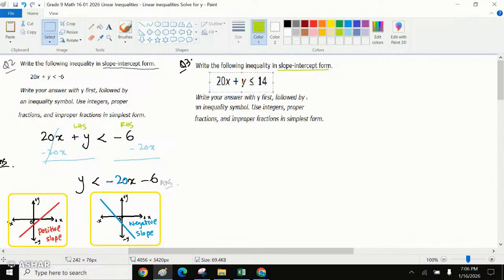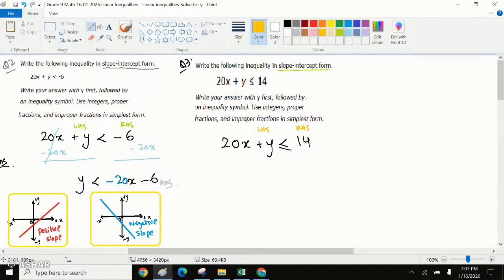20x plus y is less than or equals to 14. So can we write this as 20x plus y is less than or equals to 14? We can keep y on the left hand side, and we can take the variable with x to the other side.